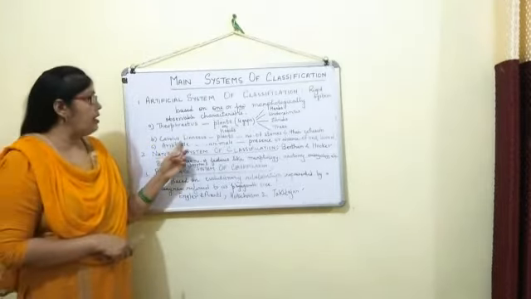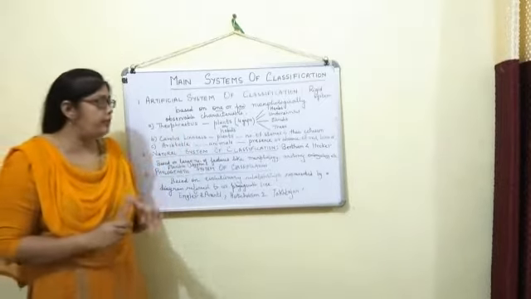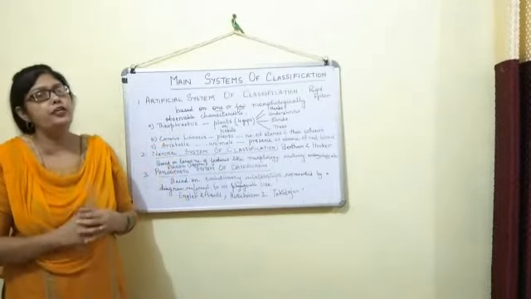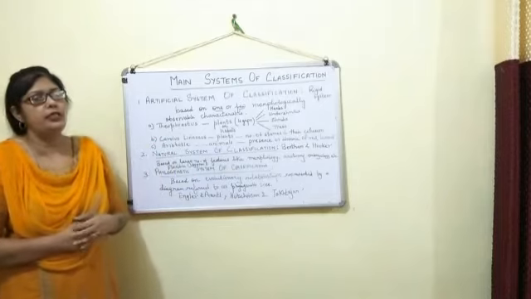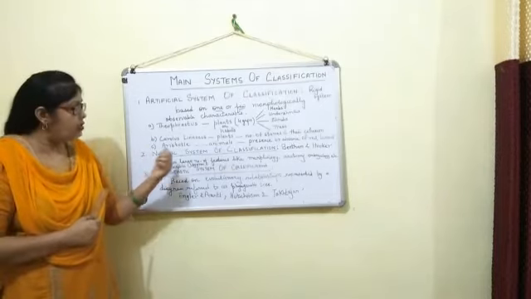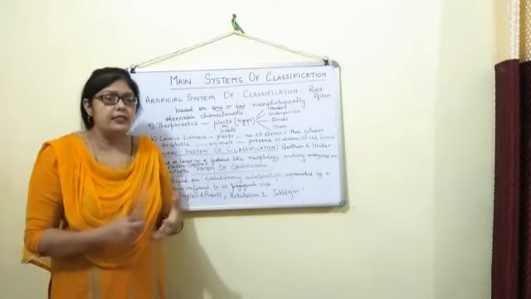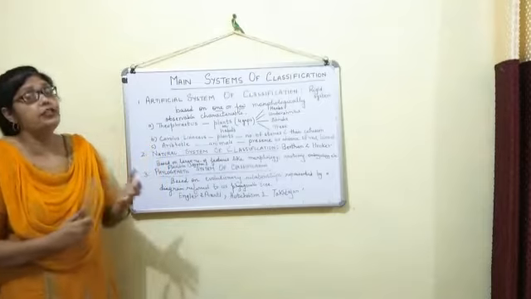Then came Carolus Linnaeus. He classified plants on the basis of the number of stamens and the manner of cohesion of stamens. So again, one or two characteristics were taken into account. Aristotle classified animals on the basis of one characteristic, that is presence or absence of red blood.